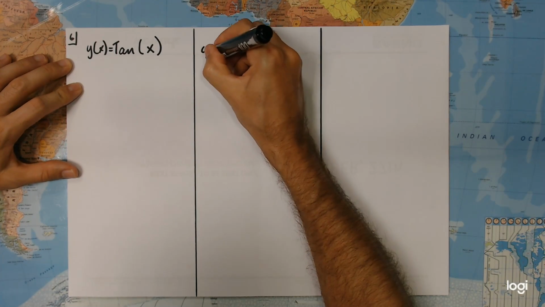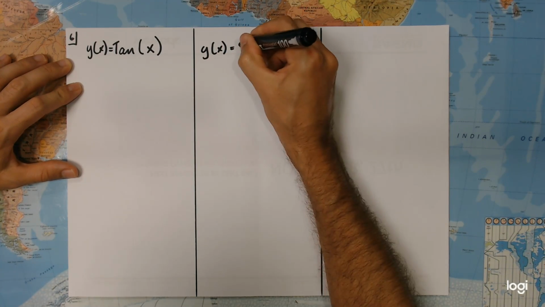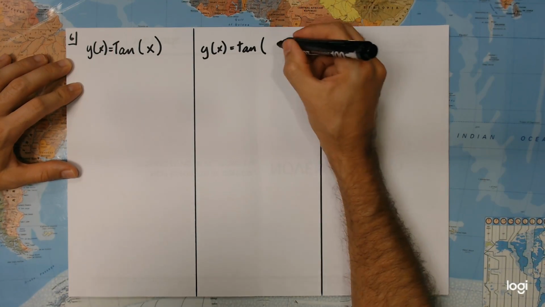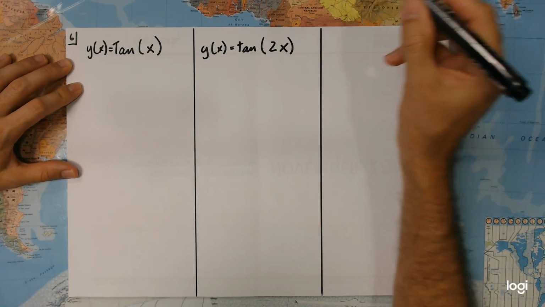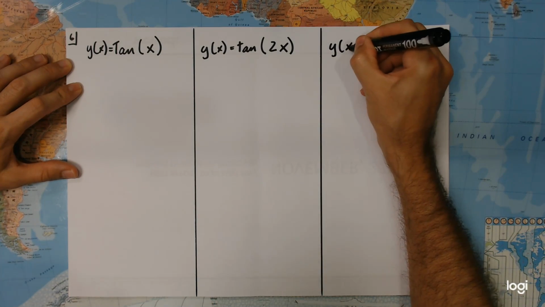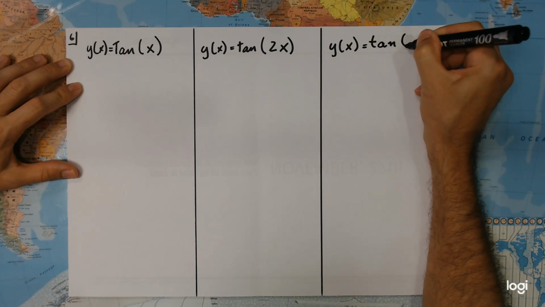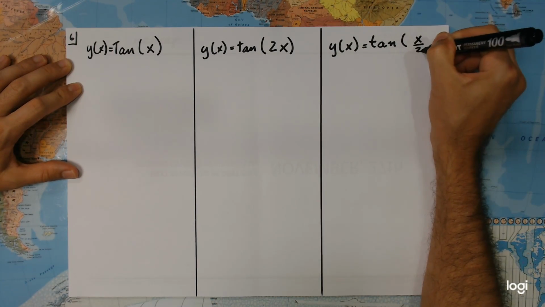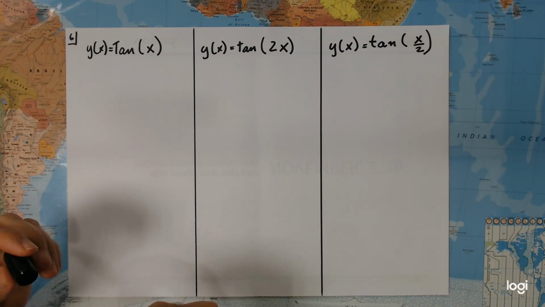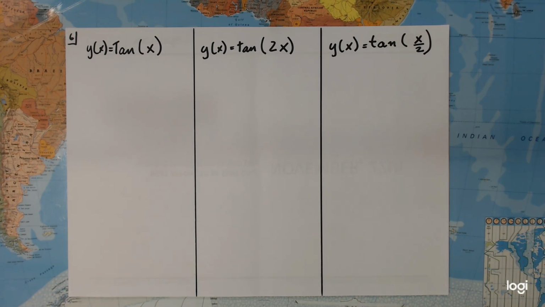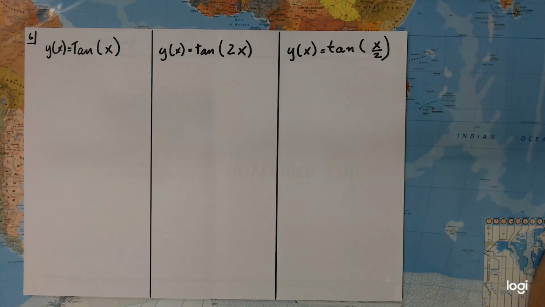Then y of x equals the tangent of 2x, and then y of x equals tan of x over 2. And again, we're going to do exactly the same as we did in the previous video.